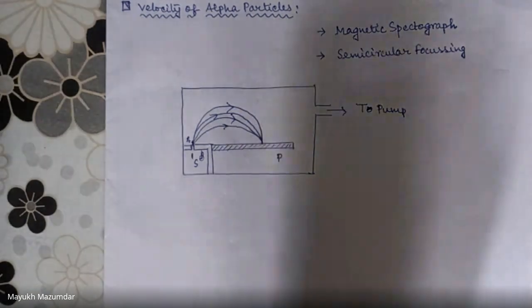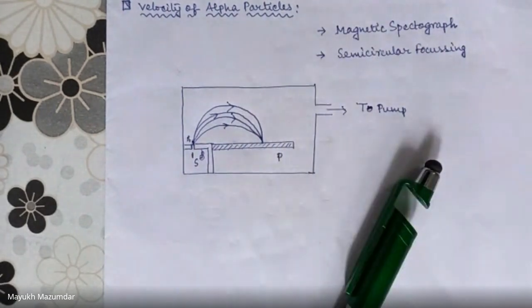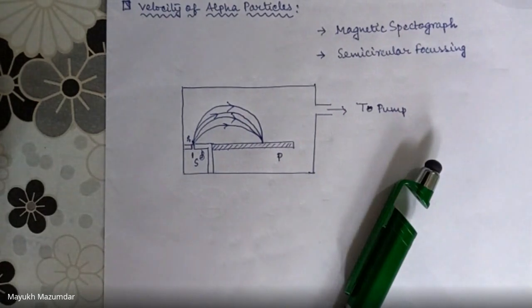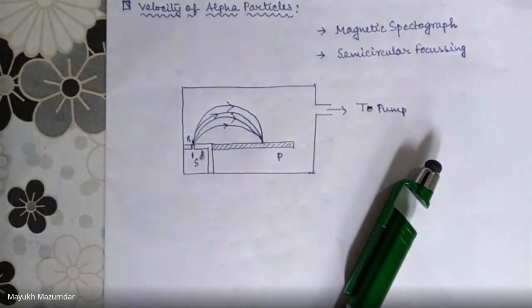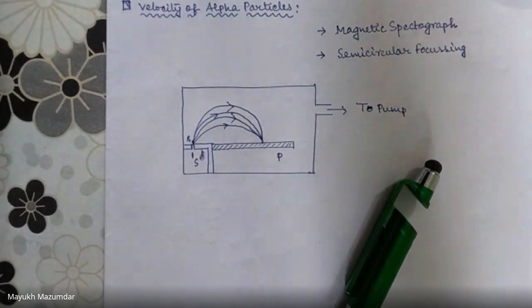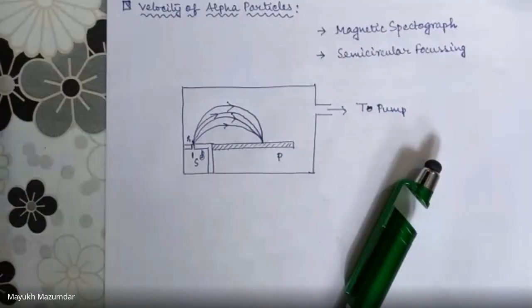So we can check the spot, we can measure, study them, and we can get the radius of the semicircular arc. Yeah, now it's better.